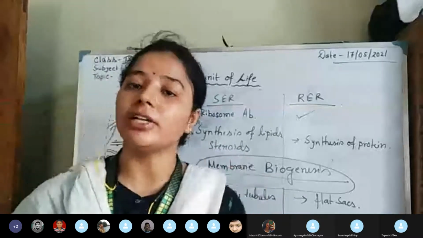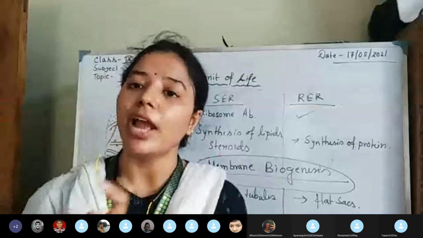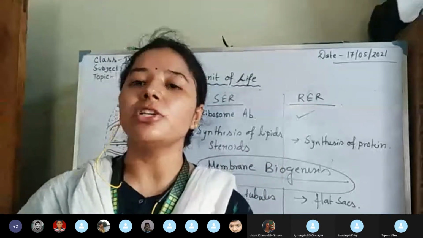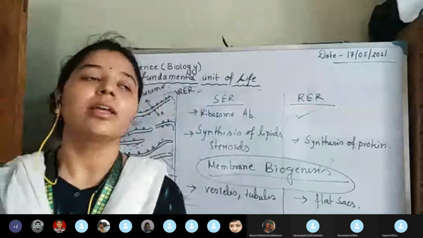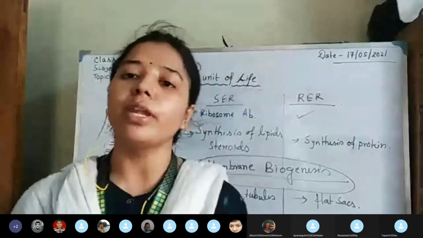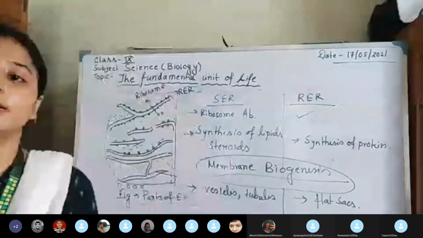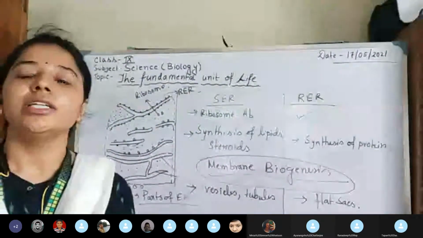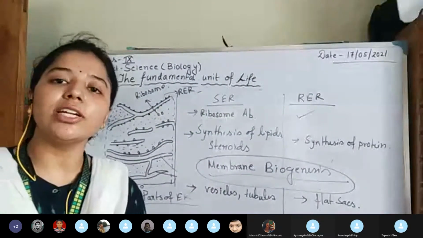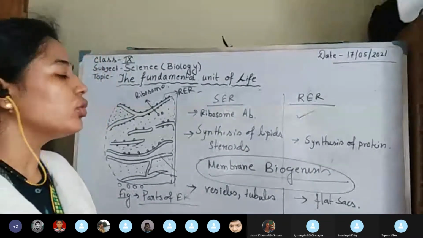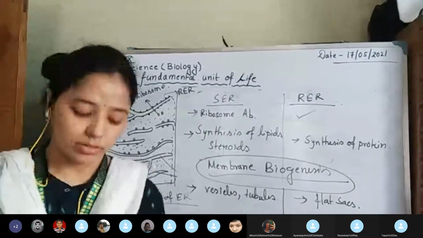But intercellular transport means from one cell to another cell. Get this point? So what is the main function of endoplasmic reticulum? We have seen synthesis of protein, lipid and hormones. Then another function is to transport, intercellular or intracellular transport. So that is the second point.